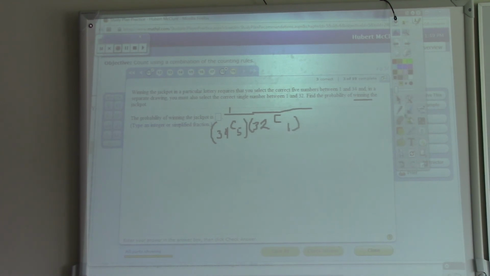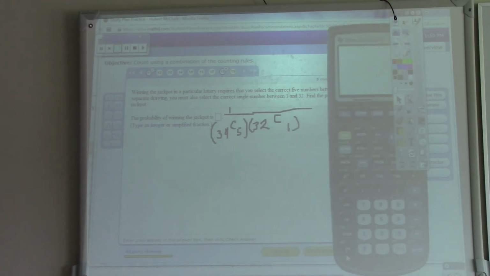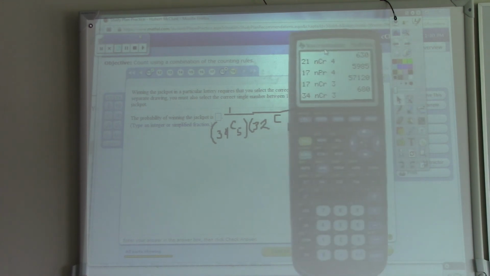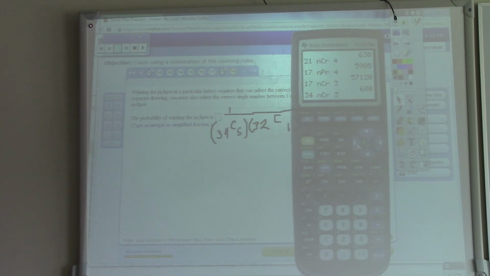And when you work that out, second entry, so we're going to get 34 combination of 5. And I'm going to store that. Store alpha F. And 32 combination of 1 is 32, but go ahead and check it.